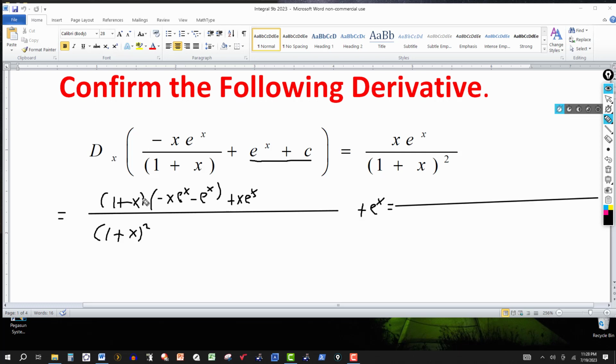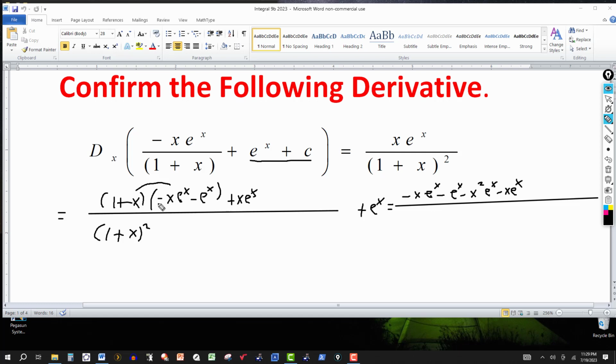So then I'm going to multiply these two out first here. Multiplying by 1, this should give me x e to the x plus e to the x. Then multiplying by x would give me x squared e to the x. And then the next one being minus x e to the x.